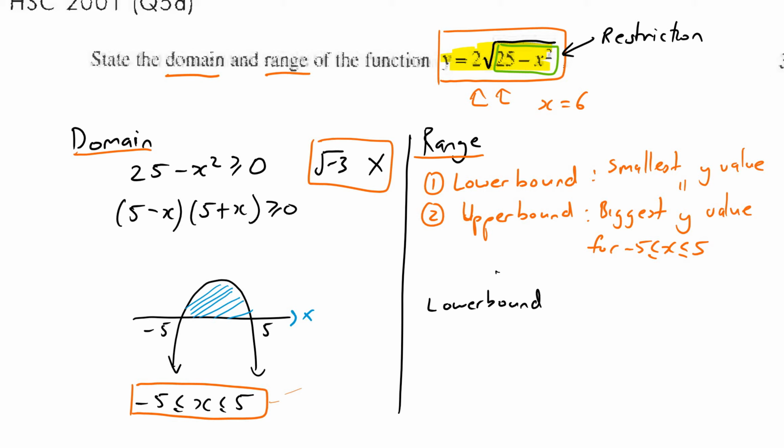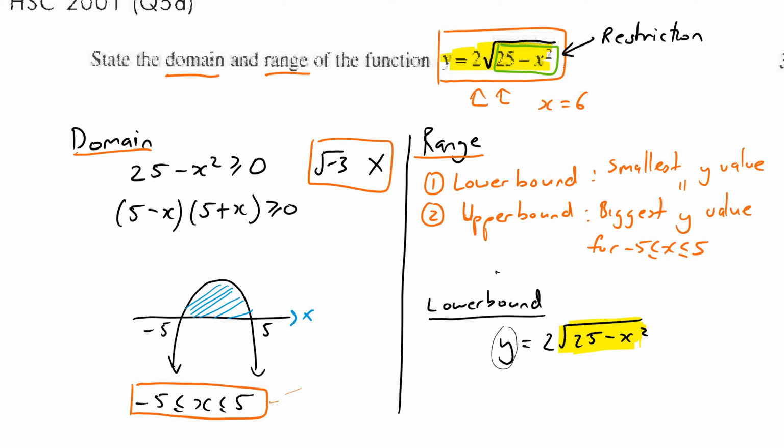You'll notice that in this expression, we have y equals 2 times the square root of 25 minus x squared. So what is the smallest y value that we can have? Well, that would have to be when this whole thing here is 0, including the square root, because you can't really have a negative y value.